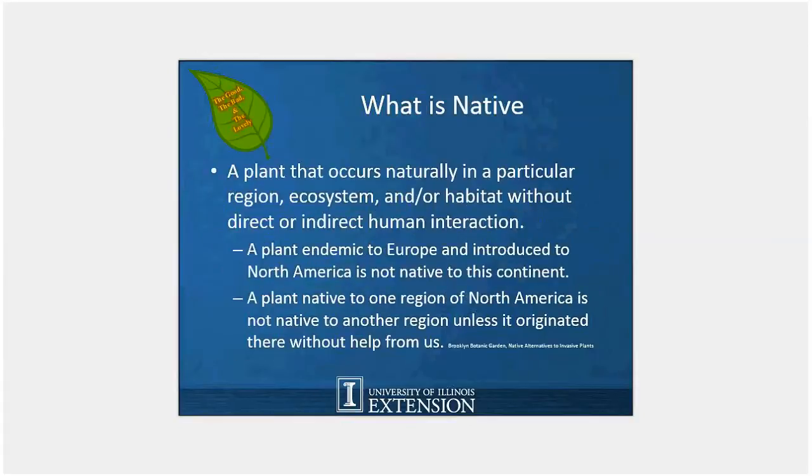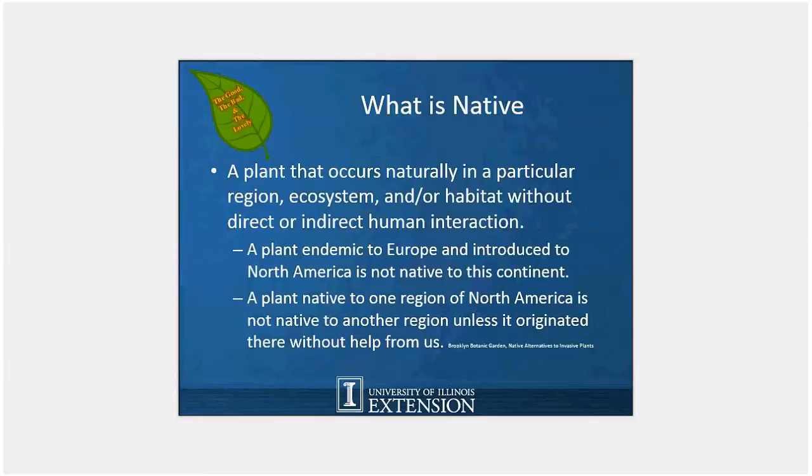I also, when I look at what is native, the definition, there seems to be a lot of not a good consistent definition. But the definition I have up here is from the Brooklyn Botanic Garden, and they have a really good reference book, Native Alternatives to Invasive Plants. They define it as a plant that occurs naturally in a particular region, ecosystem, and/or habitat without direct or indirect human interaction.